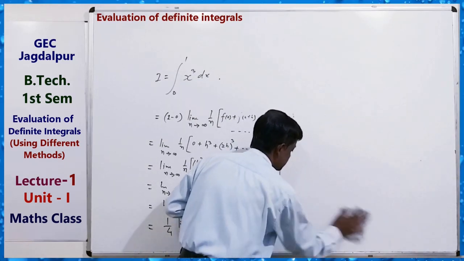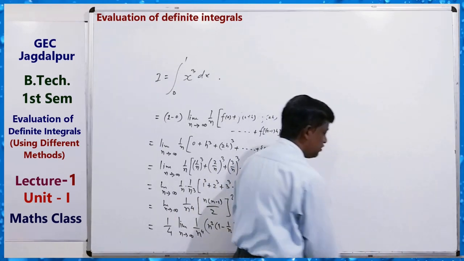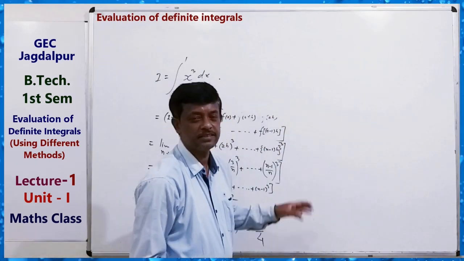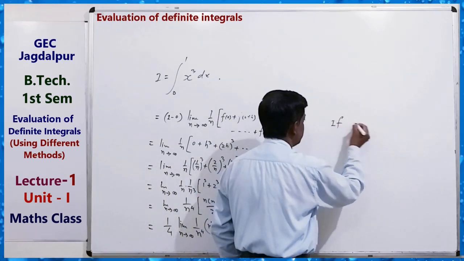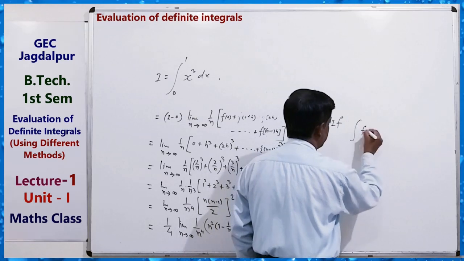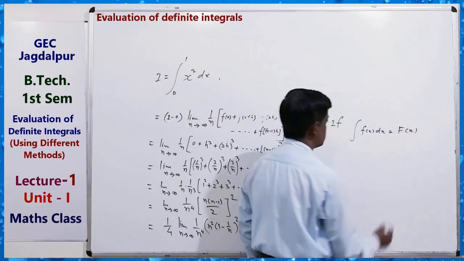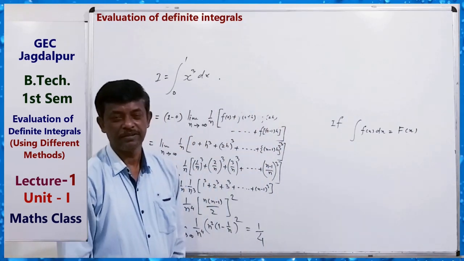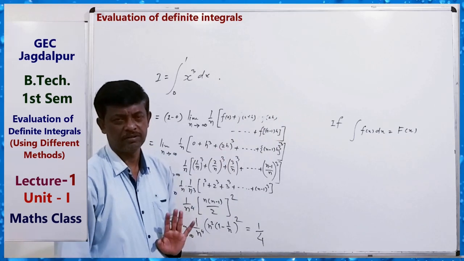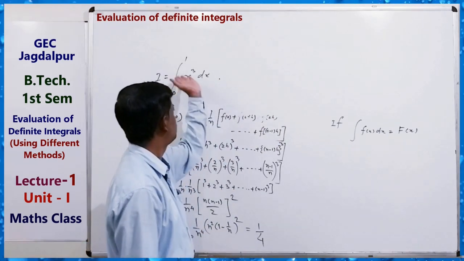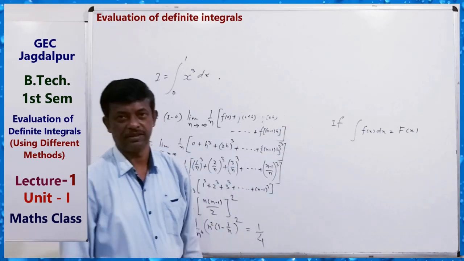If we know its antiderivative, antiderivative means integration, if integration of f(x) dx equals F(x), we can take the constant term or not, because after applying the limit the constant will cancel.